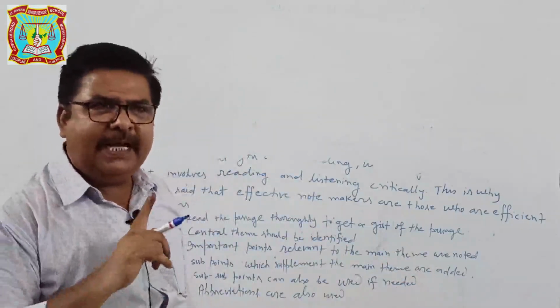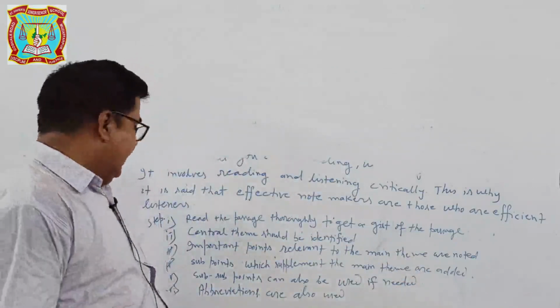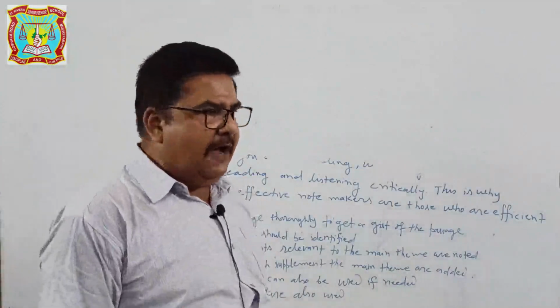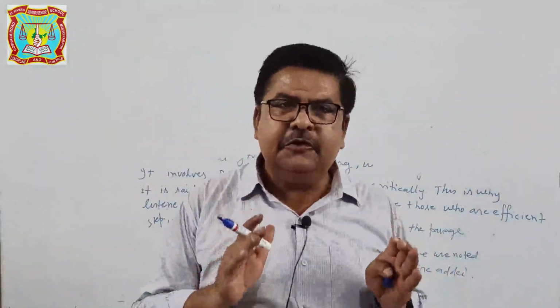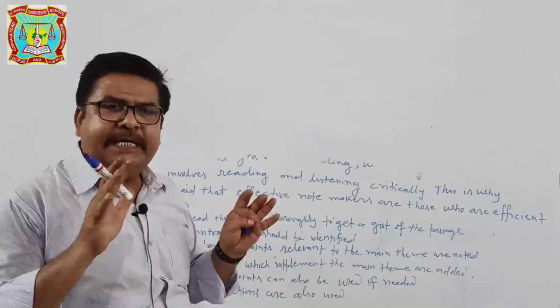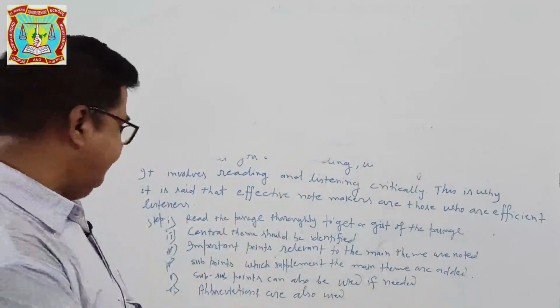You should not stop, just go on reading continuously. The second step involves that after you have gone through the passage, you will have to identify the central idea, the central theme of the passage.